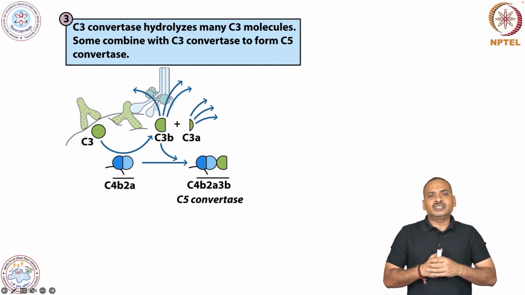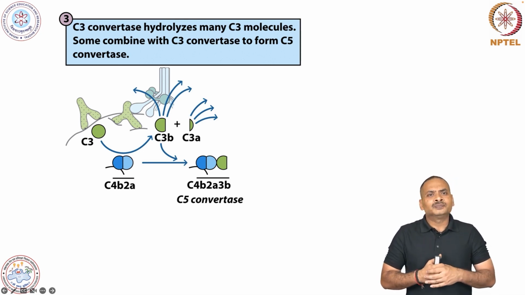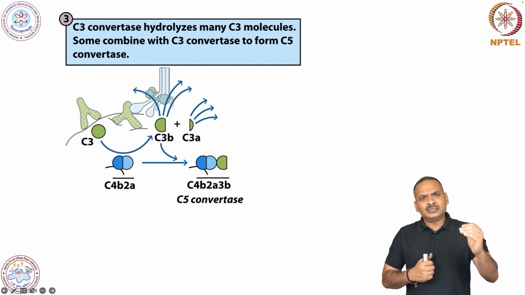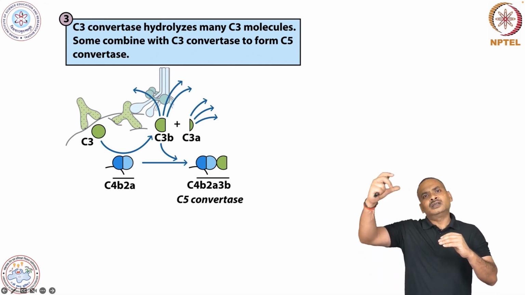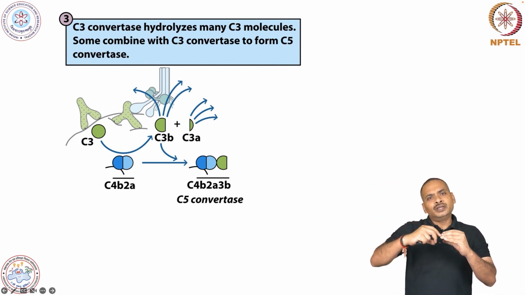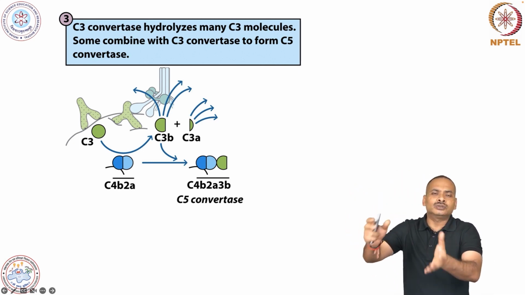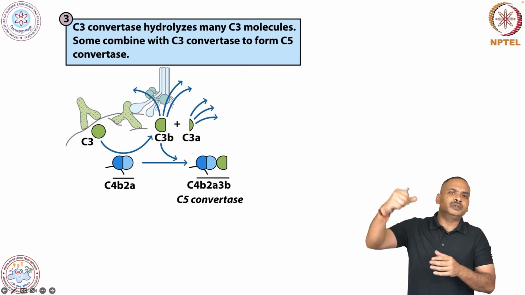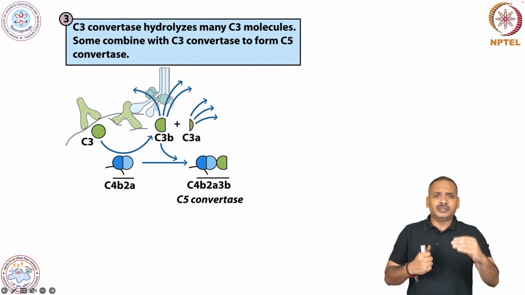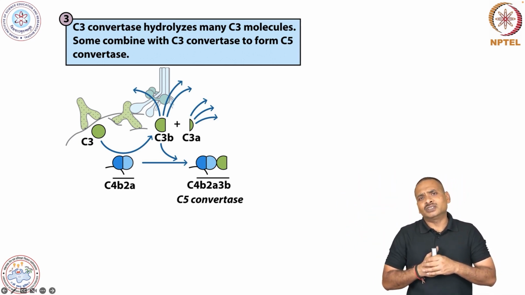I will repeat again: the C3 convertase basically makes a lot of C3B. One feature of this C3B molecule is coating the microbe, and then it will be phagocytosed. Another aim is to make a C5 convertase.